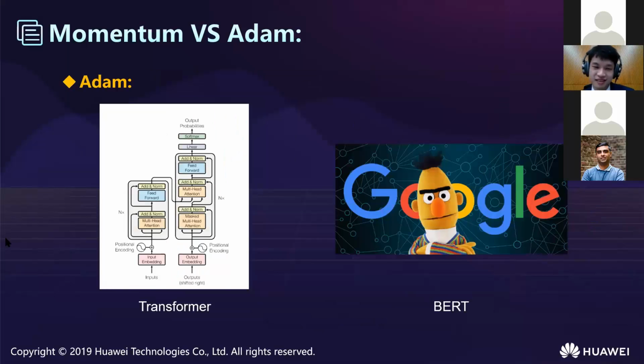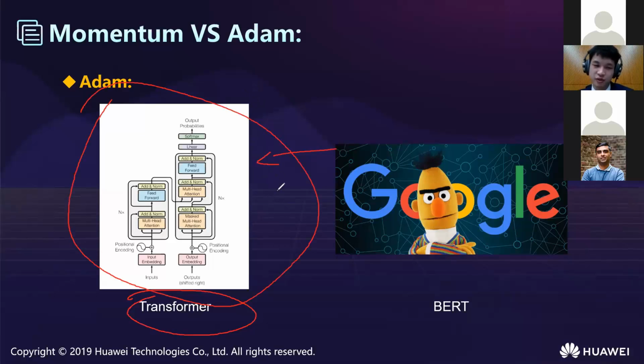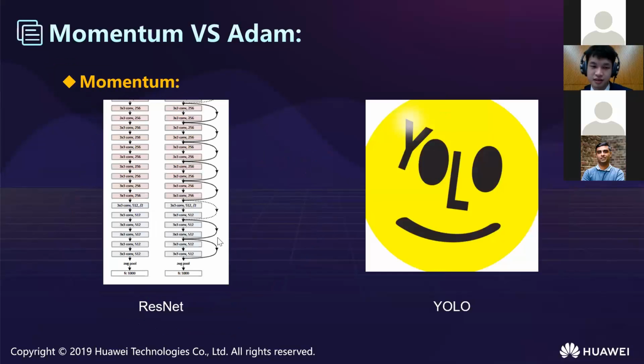Adam is used in BERT, proposed by Google. That is a very famous model. We can use it to extract the features of words, and it uses the transformer, a very new type of neural network. So that is BERT. BERT uses Adam, and ResNet, do you know ResNet? A very famous convolutional neural network in image classification tasks.